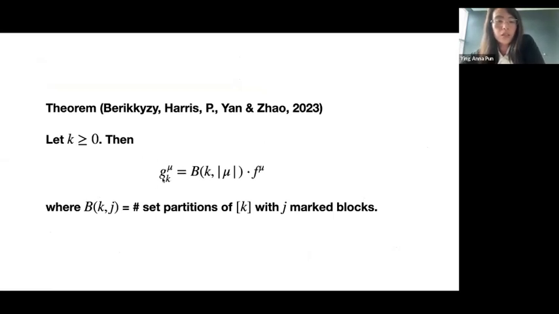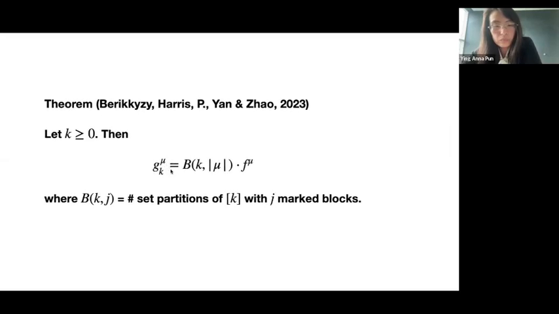If I just want to count the numbers on the right-hand side of the previous diagram, these numbers are just the b_k mu, which is the number of subpartitions of k with j marked up blocks. This j is the size of your mu, times the number of standard Young tableaux of the same shape mu that you chose here.